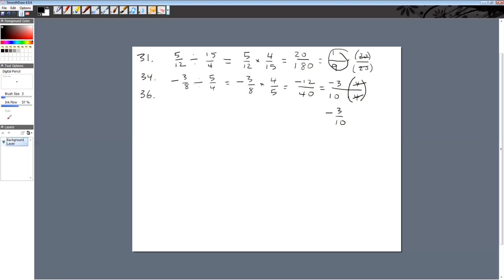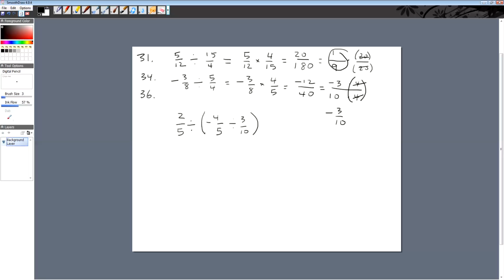Okay, then we have to use some of the other properties, the order of operations, here in number 36. 2/5 divided by -4/5 divided by 3/10.